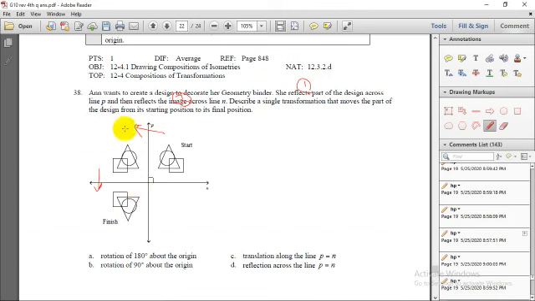So she made 2 transformations. What is the direct transformation if I want to take it from here to here? From the start to finish, with a single one. What will happen to the figure?